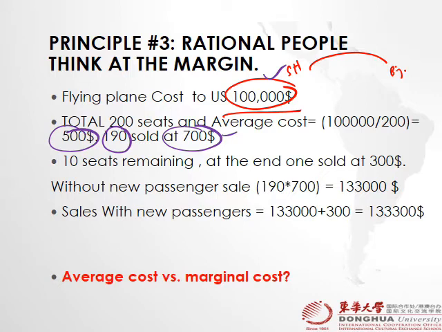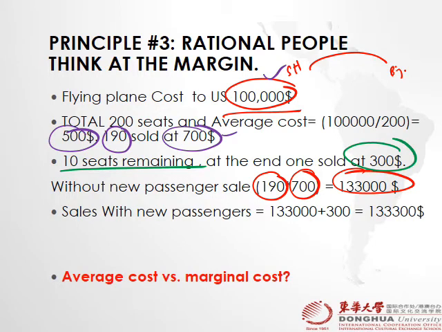So what does it mean? How much is the revenue? 190 multiplied by 700 is $133,000, right? So we still have 10 seats that are vacant, and one person came and said, I'm going to pay you $300 if you can take me from Shanghai to Beijing.